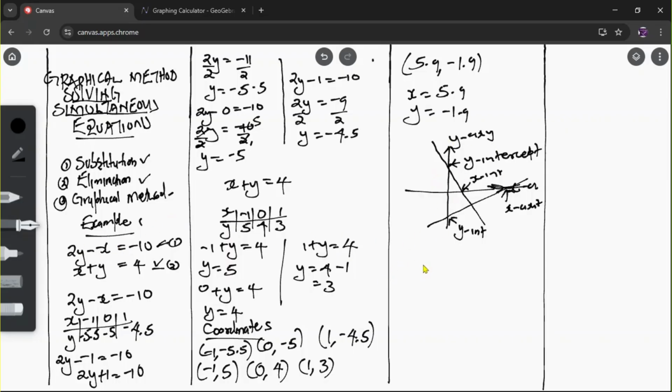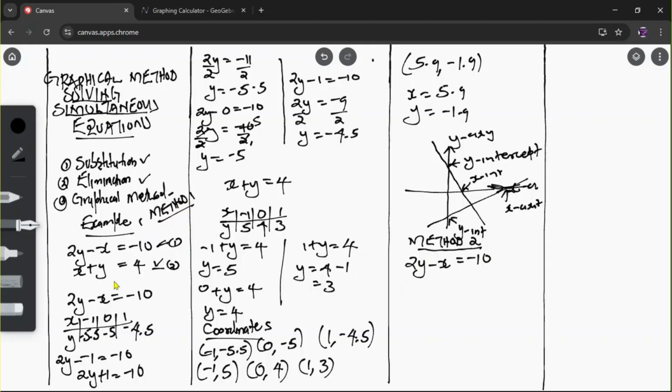So I'll come here and have 2y minus x is equal to minus 10. Let me call this one method 2. This was method 1.